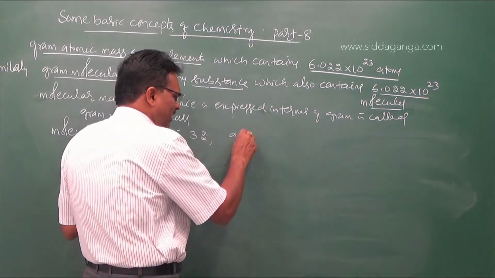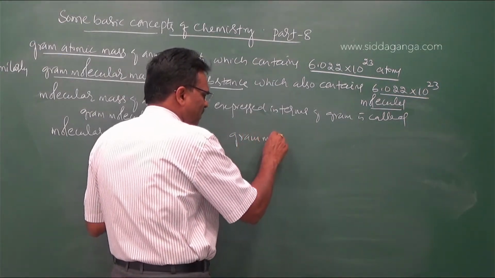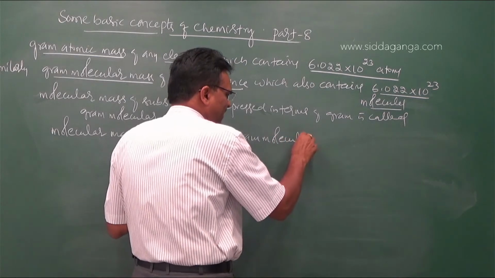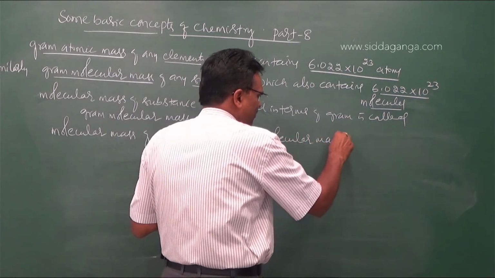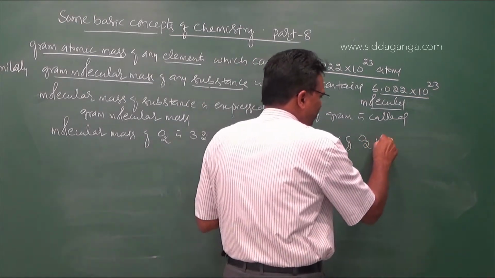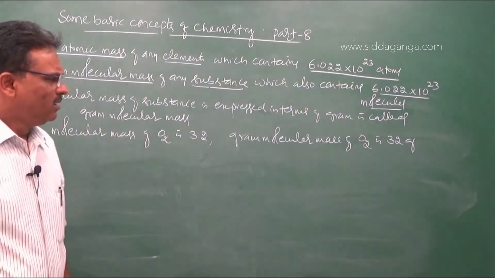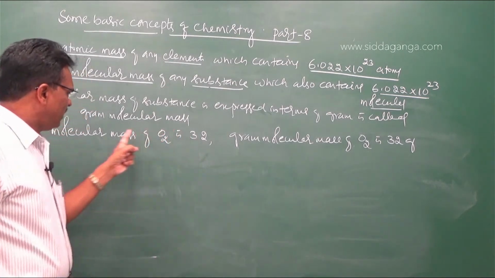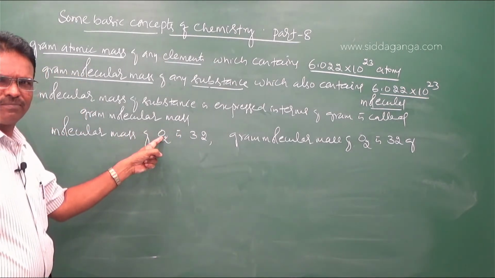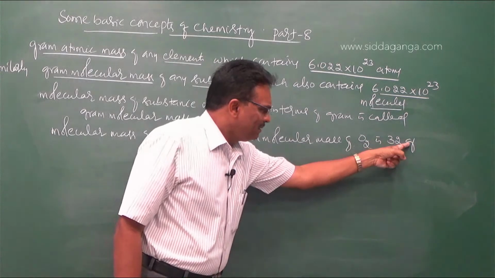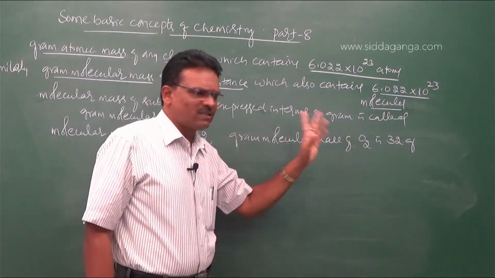So gram molecular mass of O2 is 32 gram. So 32 is the molecular mass of oxygen, and 32 gram is the gram molecular mass of oxygen.